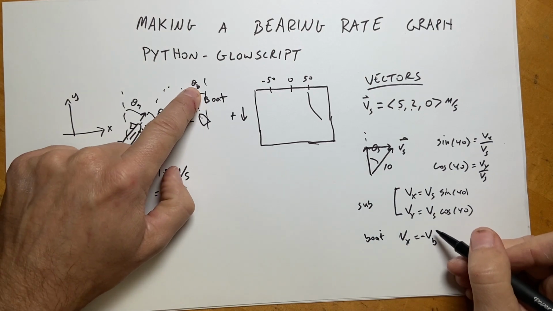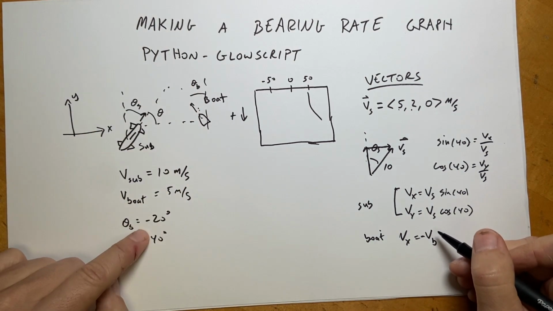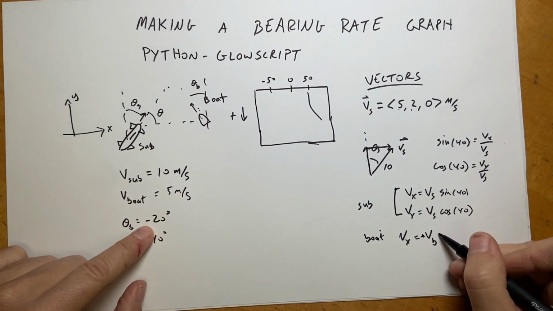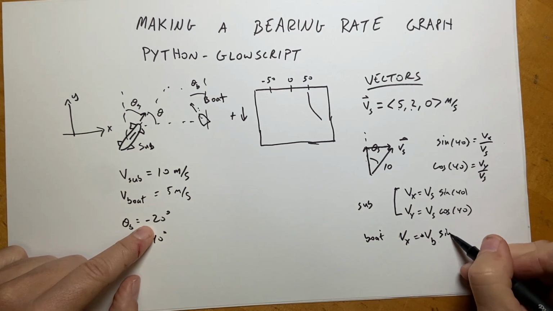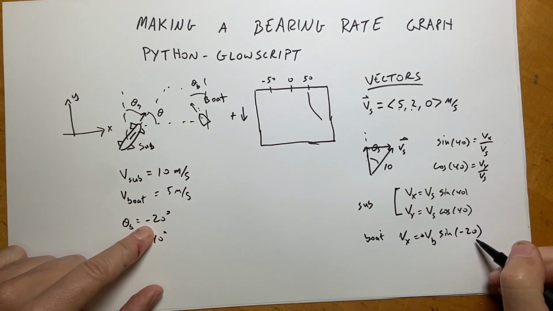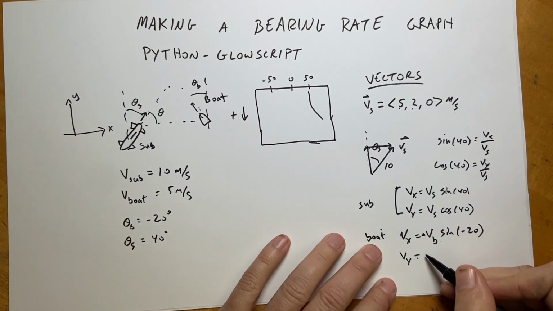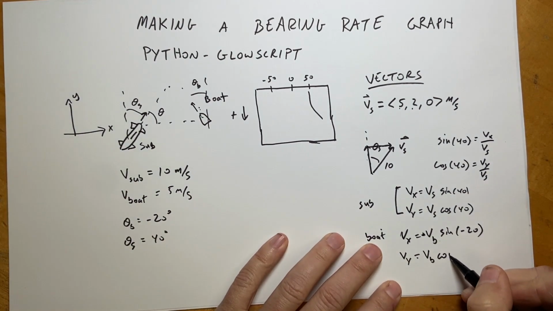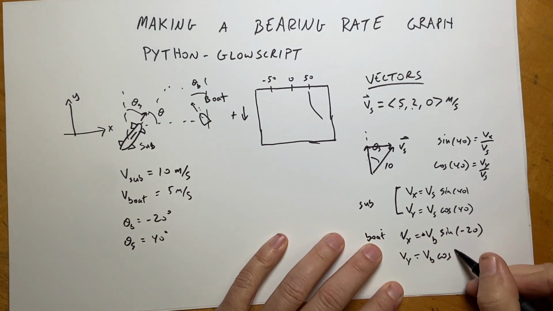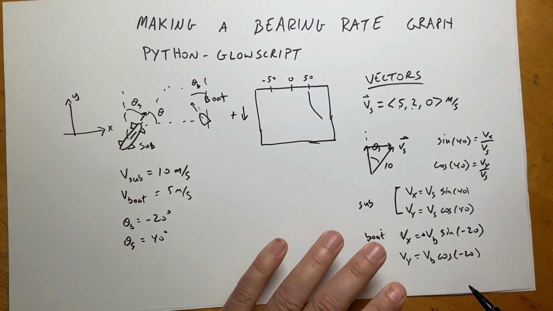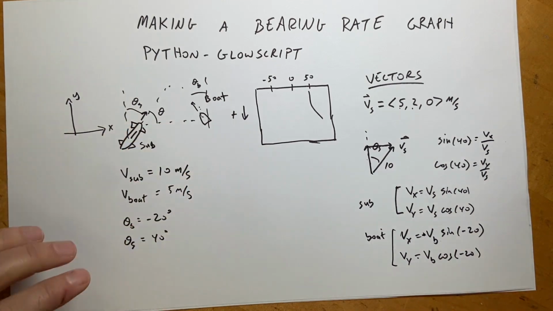I gave it a negative angle. So that's going to be V sine of negative 20. I think that'll work. And then Vy is going to be Vb cosine negative 20. I think those values will work, but we can check them. So that's for the boat.